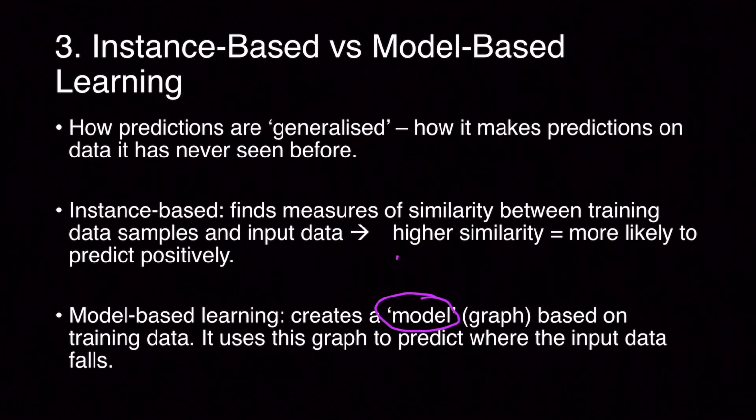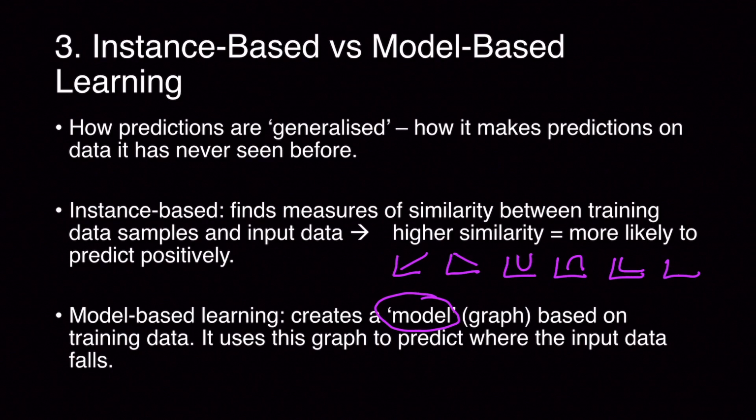So you could have a graph that looks like that, or like that, or something like this, or other examples like this, and so on. The process of selecting the graph is called model selection. That's another technical term for you.